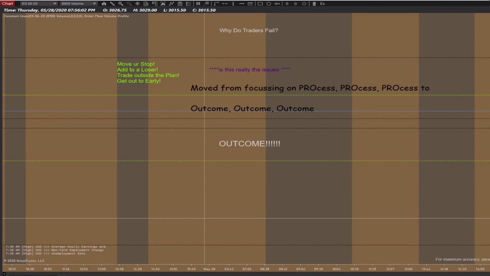If you are moving your stop, you are not following the method. And I can guarantee you that you woke up in the morning or had thoughts at night or a dream about how much money you were going to make. Stay focused on the process that you have, the area where you want to do business. Follow the plan, and the money will follow.